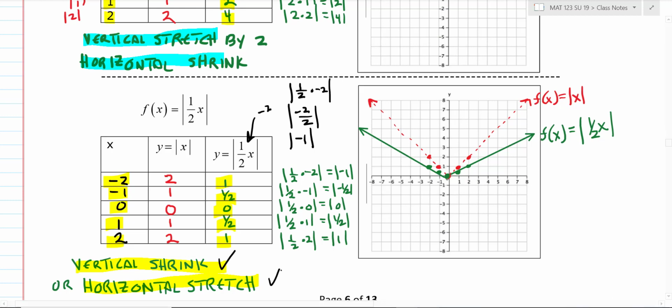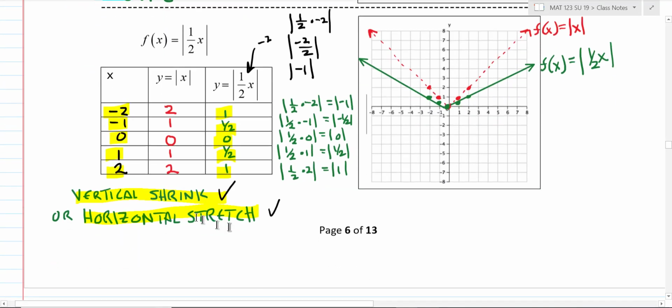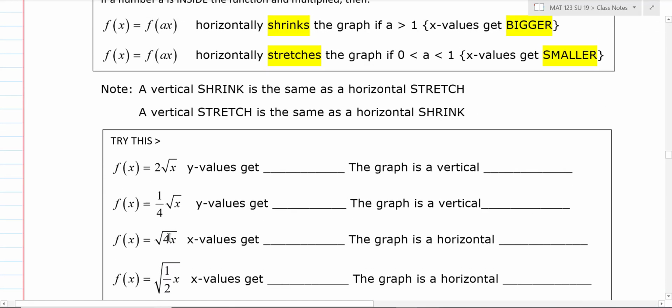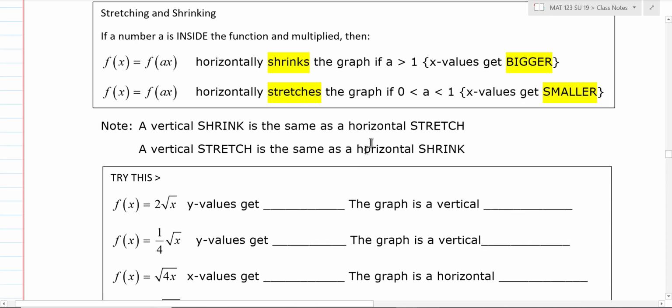All right. So pause if you need to rework anything on that. Otherwise, I'm going to move to the next page, and then we're going to do one more thing to kind of wrap this up here. So what this says is if you're inside the function, if this number is greater than 1, then that'll be a horizontal shrink.